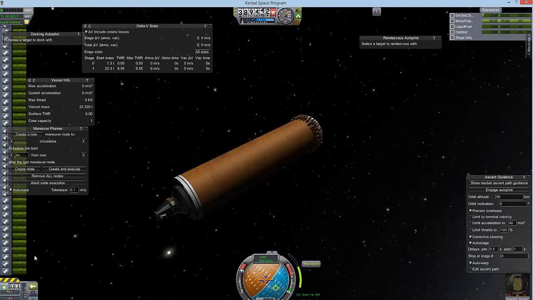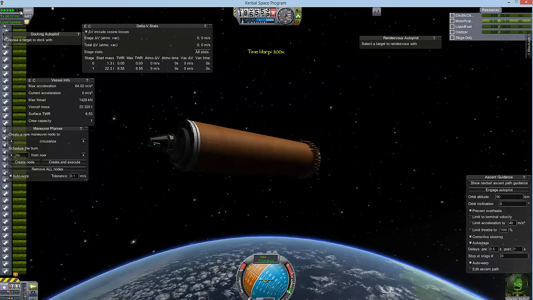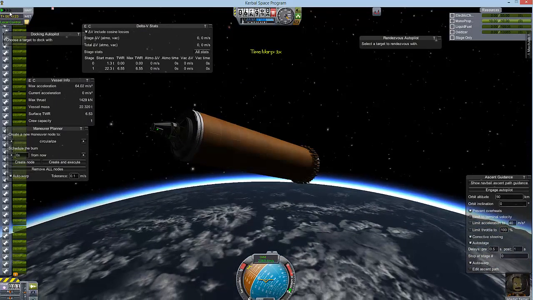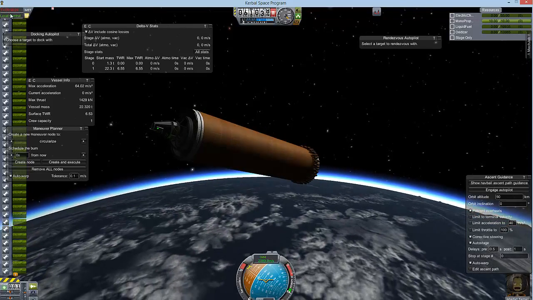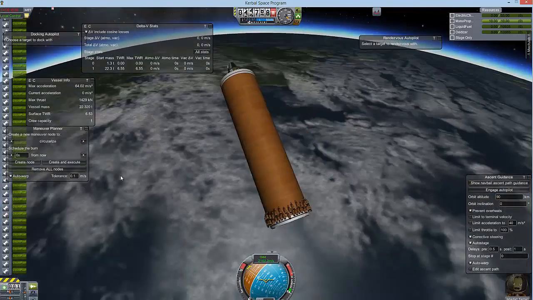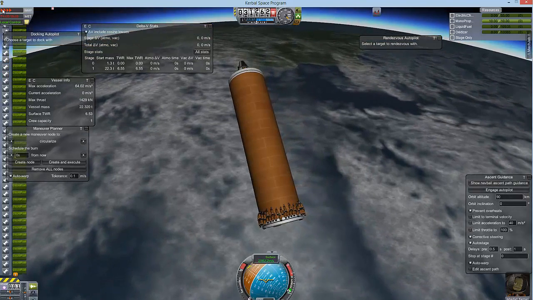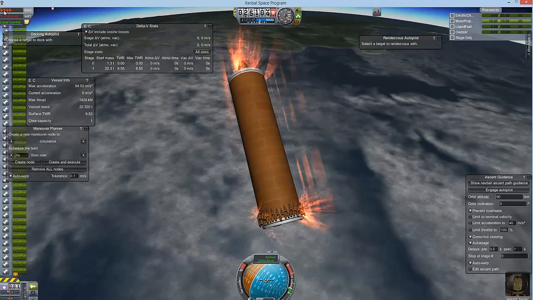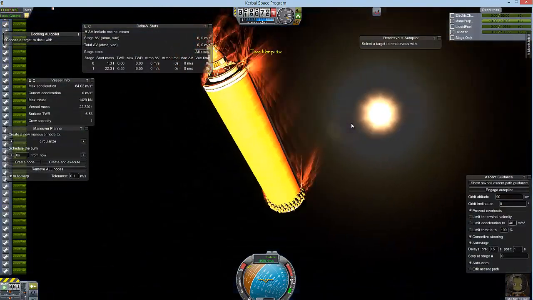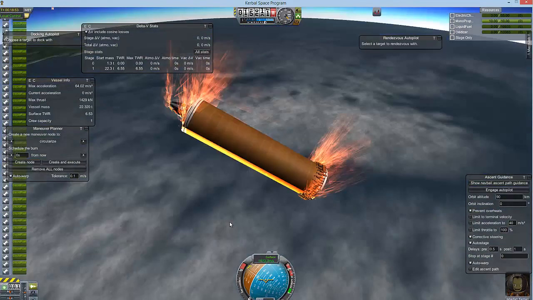So let's let this crash and burn, and take a plunge. Possibly. Wonder where it's gonna land. So basically, this is pretty much it as far as the delta V. Enough fire coming out of that.